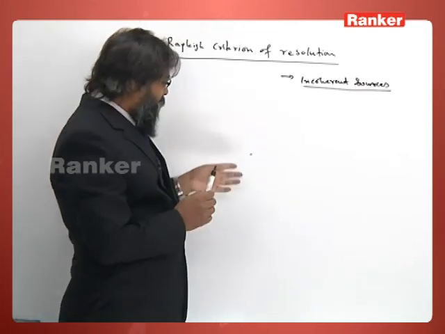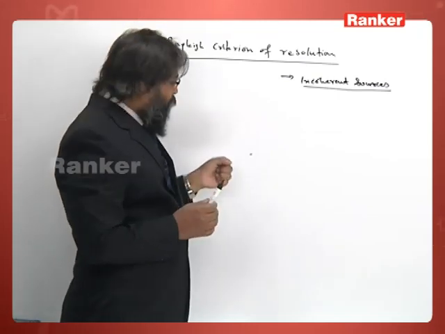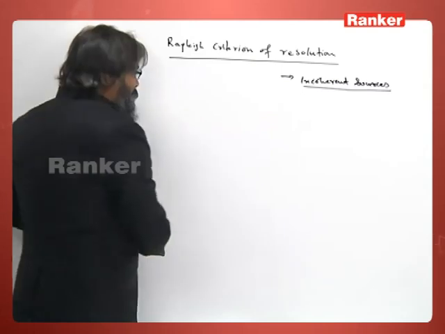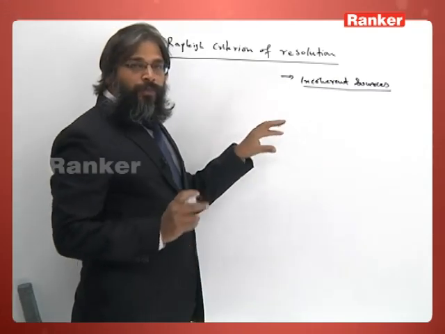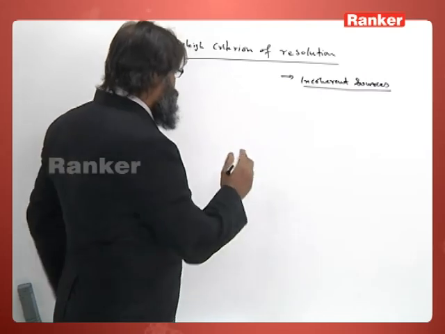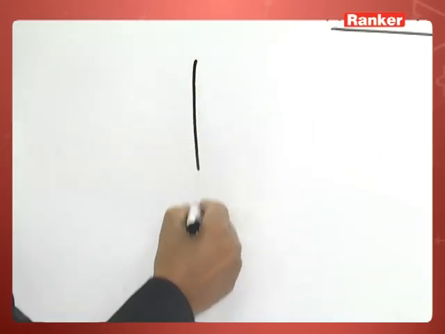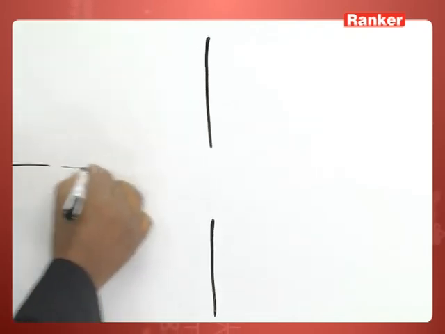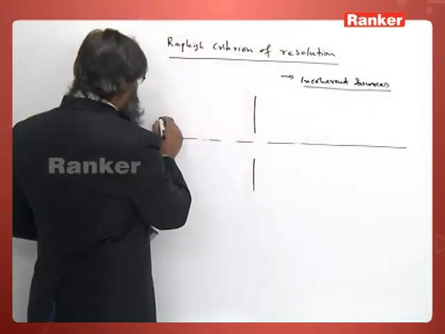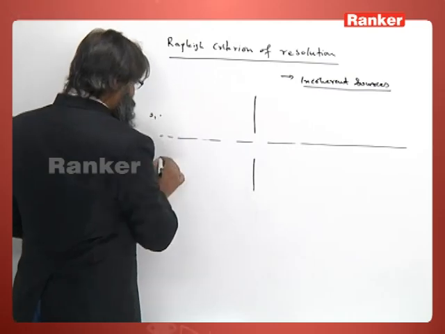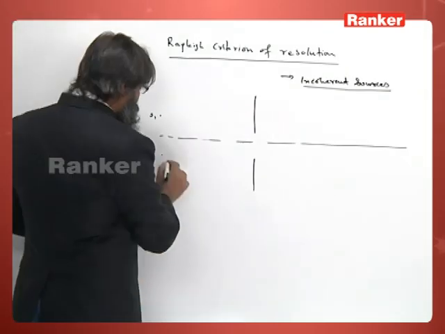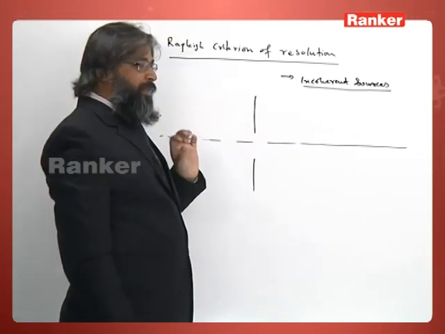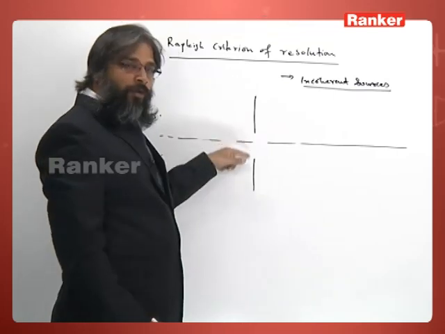Now let us see how diffraction comes in, how a camera, which is also an instrument, can resolve 2 different objects. Suppose there is this width, and here there are 2 objects, S1 and S2, and this is a slit, a circular opening.